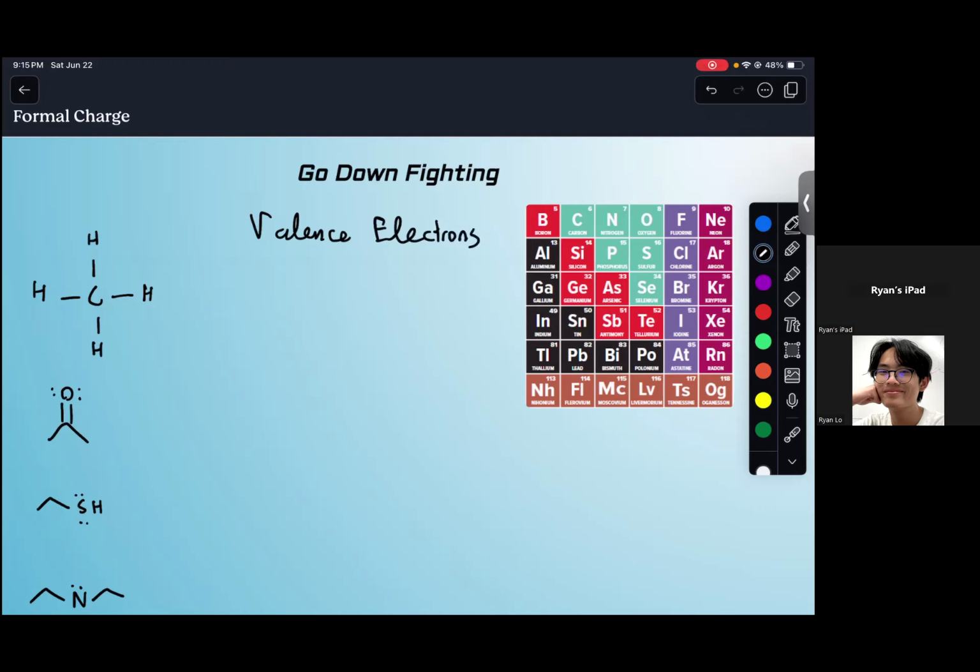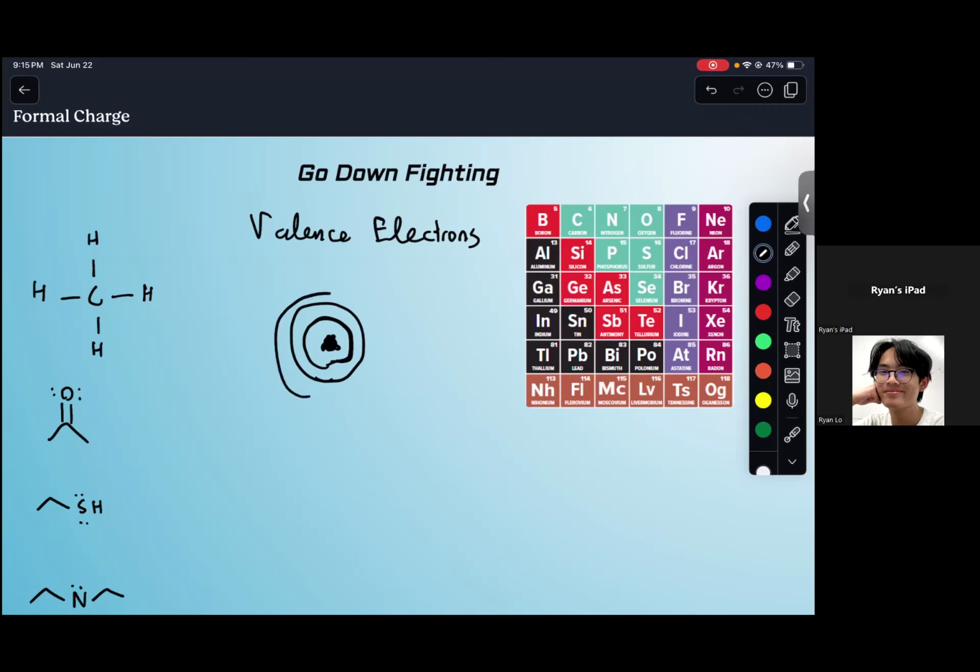Valence electrons are essentially the electrons that are in the outermost shell of an atom. I'm sure all of you have seen what I believe is called the Bohr model, where you have a nucleus in the middle, this little black ball that has the protons and the neutrons.